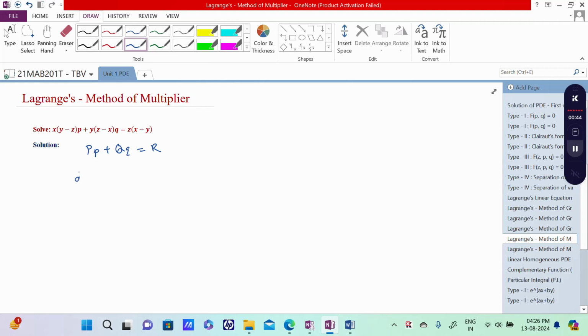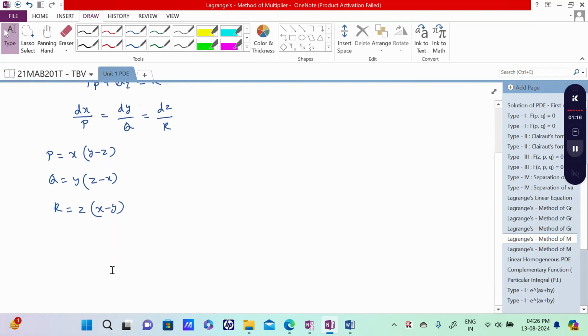What is the auxiliary equation? dx by P, dy by Q, dz by R. Then compare with the given problem. Whatever value is near small p is capital P. Therefore, P is equal to x(y − z), Q is y(z − x), and R is z(x − y).